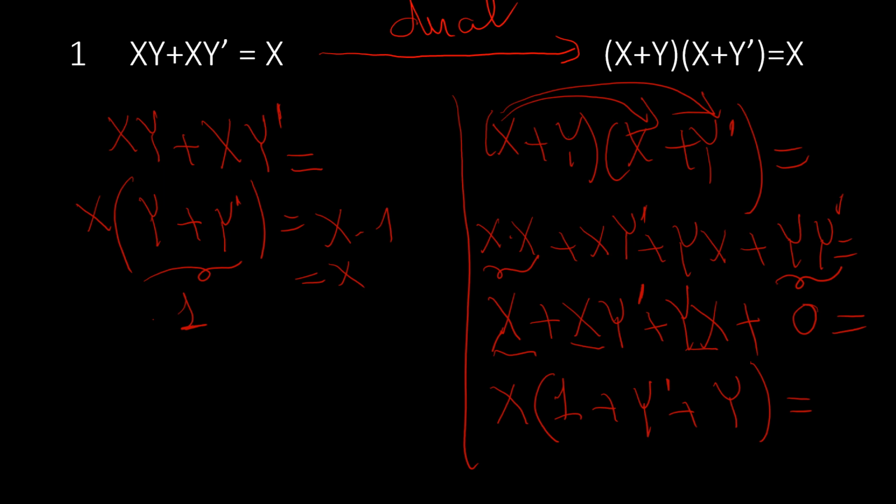Okay, don't forget this. 1 ORed with anything is equal to 1. And even y complement or y gives 1 also. So anyway, I have 1 ANDed with x, so this is equal to x. So you have the proof of this theorem for the two sides, the theorem and its dual.